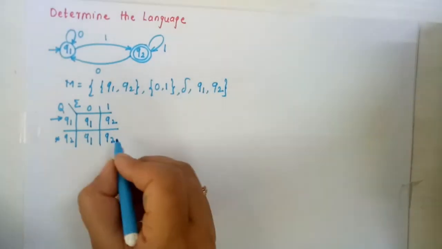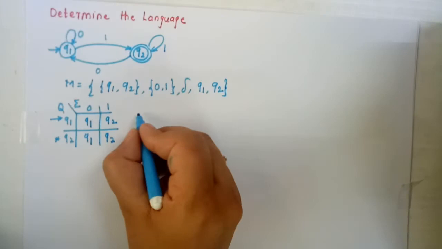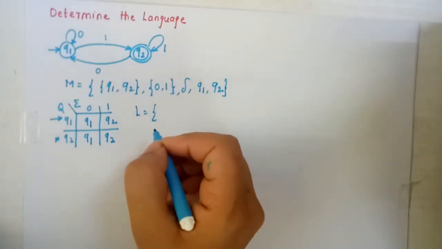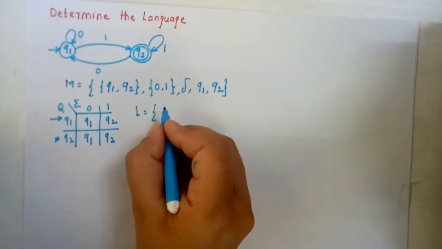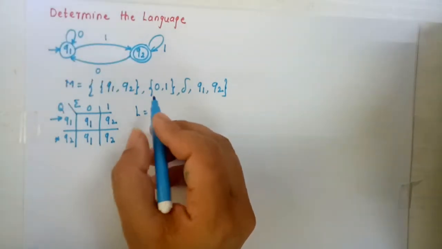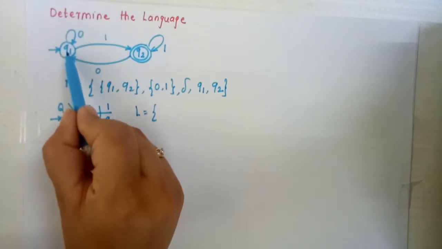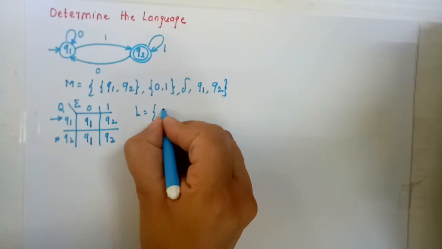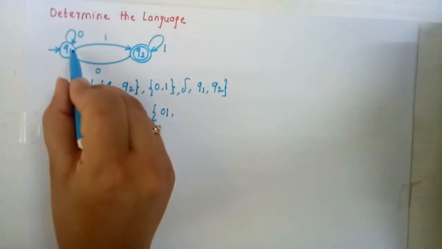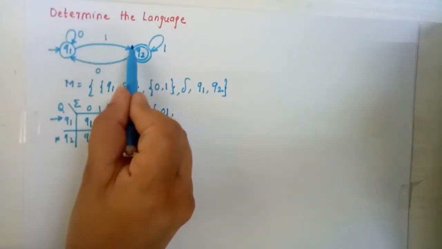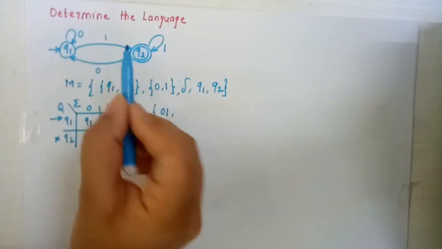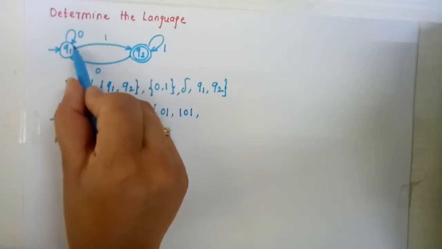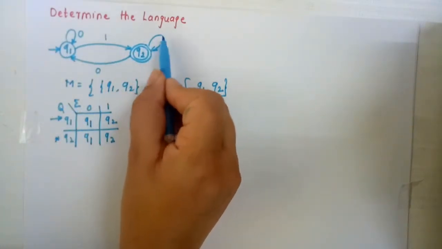The transition table is prepared. Now we can prepare the language of the strings. The strings are defined. q2 is your final state, so from q1 on 0 and 1, we can stop at q2. Next we can consider 1 0 1 1 0 1. Next consider 1 1 1.